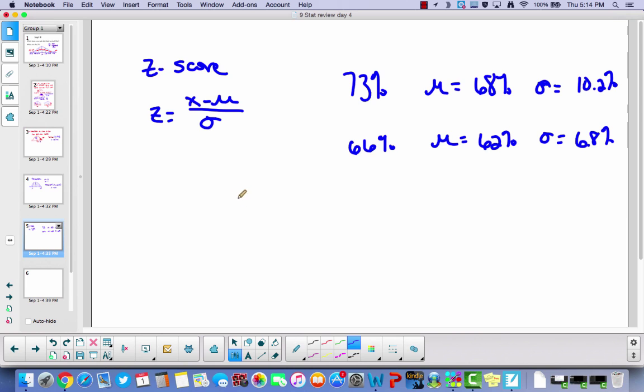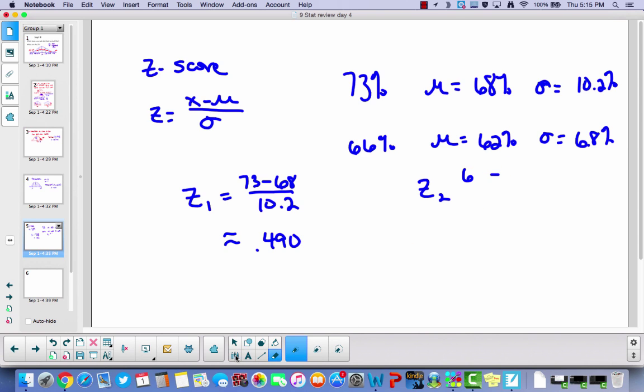And we looked at the z-scores for those. So the z-score for the first one was 73 minus the mean, over 10.2. And we got that approximate z-score of 0.490. For the second set, we had 66 minus 62, over the 6.8. And we got that was approximately 0.588.